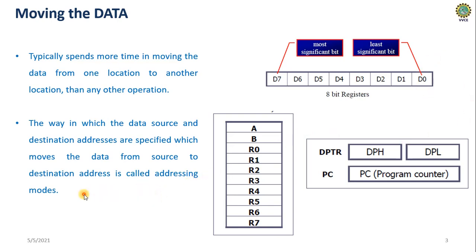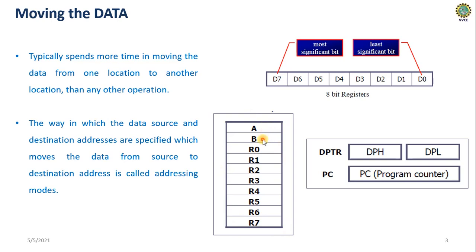So 8051 has got different addressing modes which tell how to operate on the data which is stored in different address types. Okay, so some of the registers which are widely used by the microcontroller are these. A and B, I think I have already told you this.